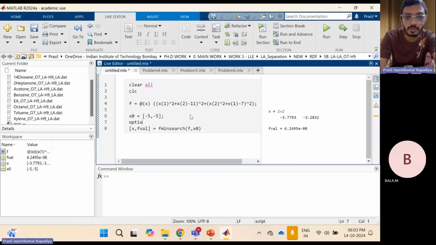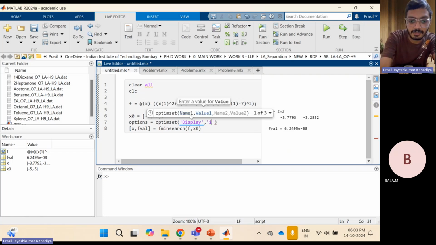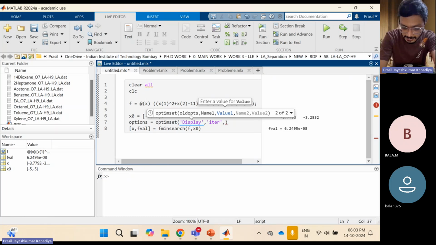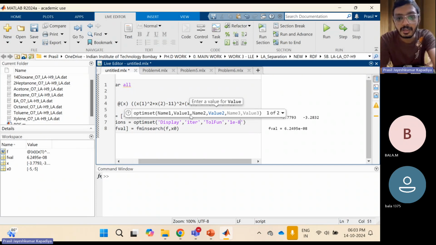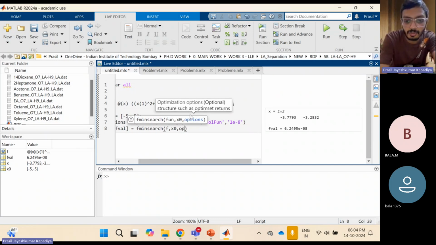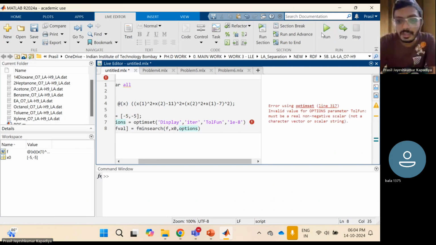So for that, I'm defining options. Options is equal to optimset. I can display the iteration number. Further, I can display my tolerance, that is 1e minus 8. And here I need to give options. If I run this, there is some error.